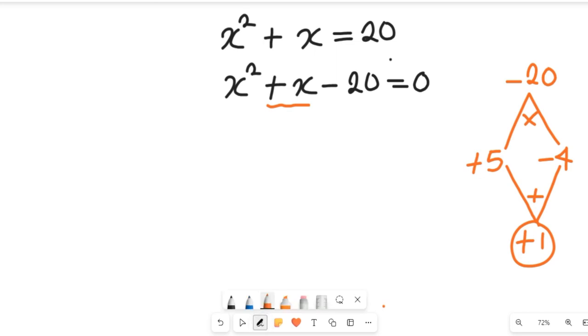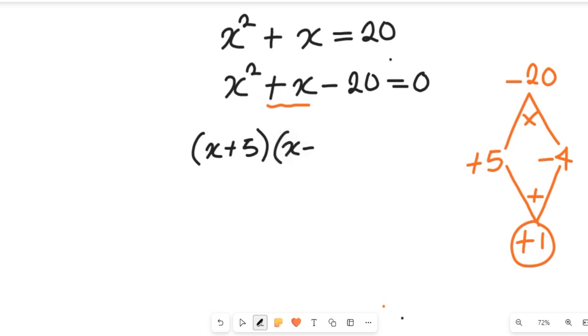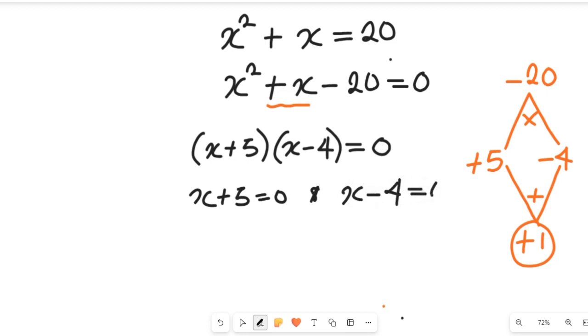So the two factors are simply plus 5 and negative 4. We'll have x plus 5 as one of the factors, and x minus 4 as the other factor, and this will be equal to 0. So we can have x plus 5 equal to 0, and also x minus 4 equal to 0.